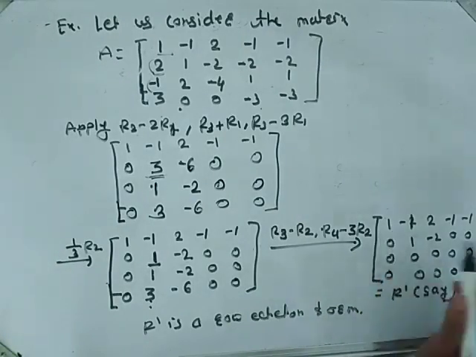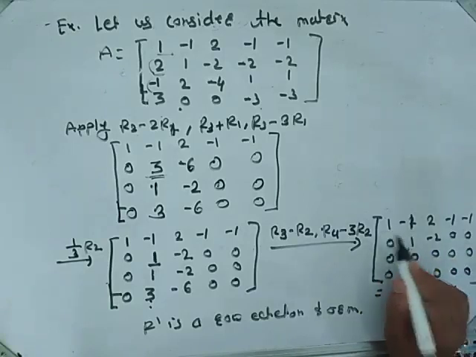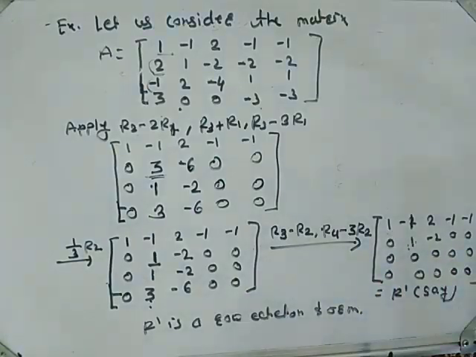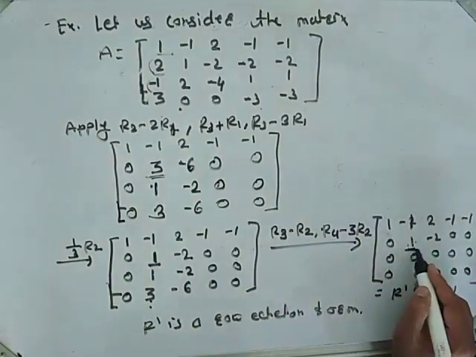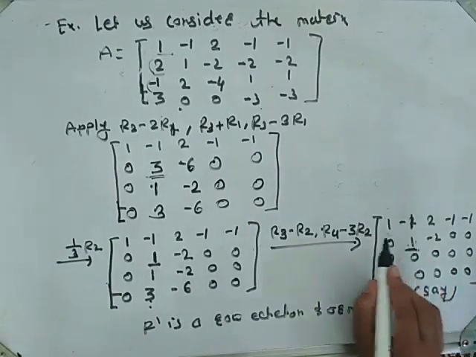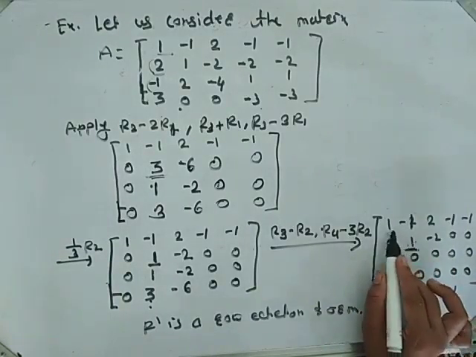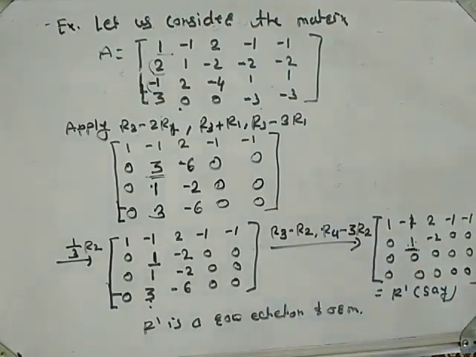Each of these 2 rows has a leading one, and the leading one of this second row occurs to the right of the leading one in the first row. So this is a row echelon form.